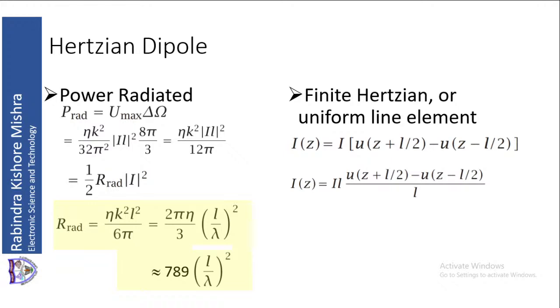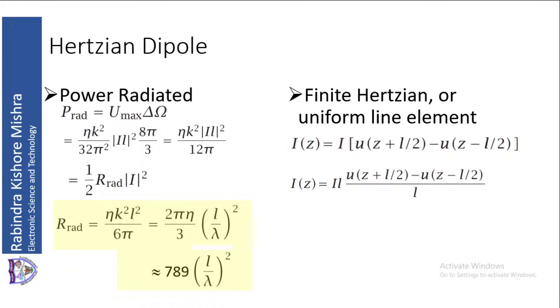Now for the finite Hertzian dipole, the current Iz is equal to I into u(z plus L by 2) minus u(z minus L by 2). Now what is u? I am sure you have read this in network analysis or in any other course. u is called the unit step function.